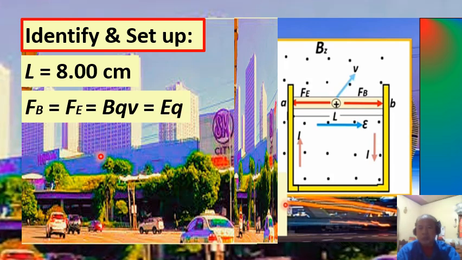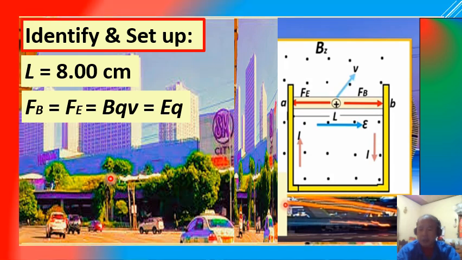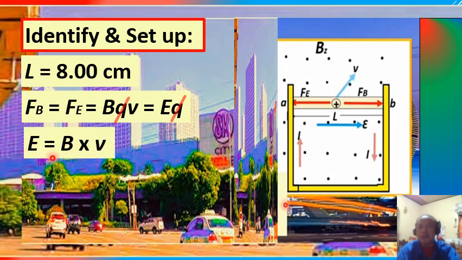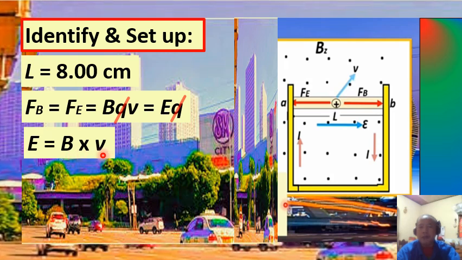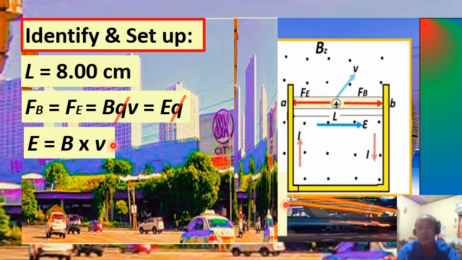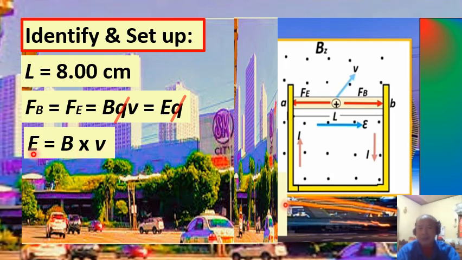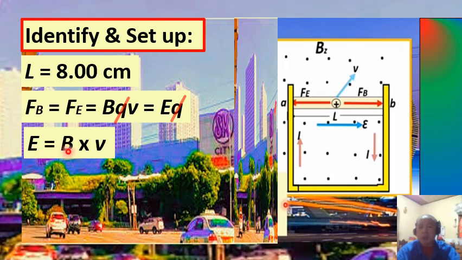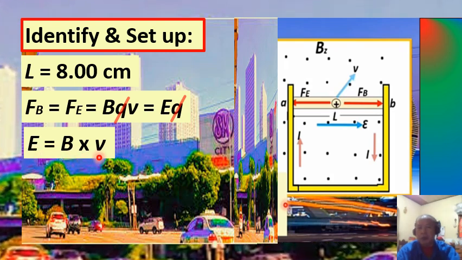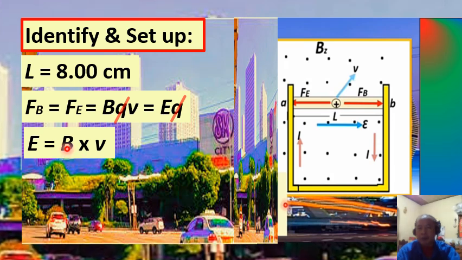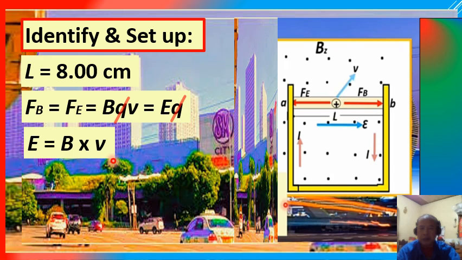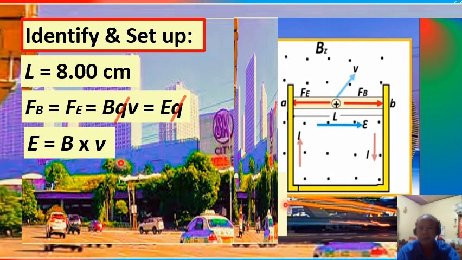So the charge Q can be canceled, and we come up with the relationship between the electric field, the magnetic field, and the velocity of the rod. That is, the electric field vector, capital E, is just equal to the vector product, or cross product, of the velocity vector, small v, and the magnetic field vector, capital B, right?